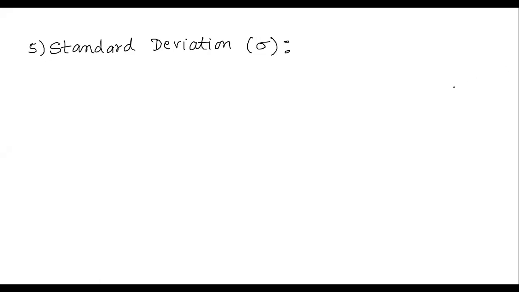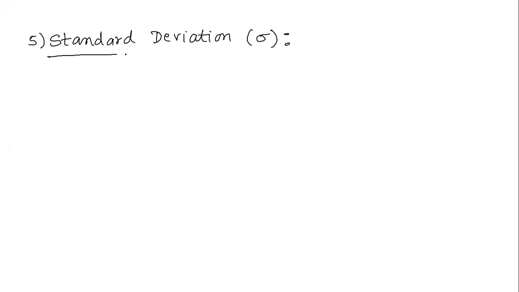Before that we had seen variance, and we have written variance as sigma square, which is the arithmetic mean of squares of the deviations of individual observations from their arithmetic mean. So you can understand that the square root of variance is going to be the standard deviation.